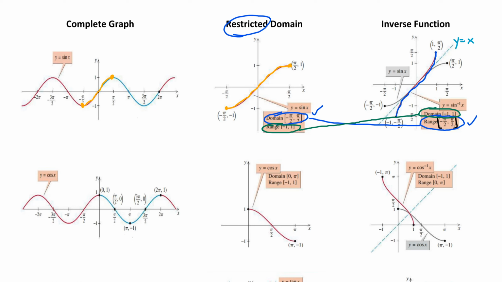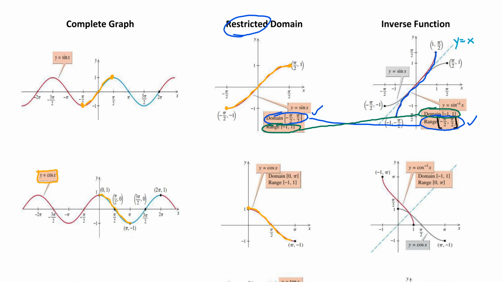Because the cosine wave is also a sinusoid that is not 1 to 1, we can apply a similar process to cosine to find a piece that is 1 to 1 and invertible and generate the inverse cosine function. So notice here we have the graph of the original cosine wave, the domain of which is -∞ to ∞. It does not pass the horizontal line test, but if we restrict the domain to this branch of the graph right here, then we do have a piece that is 1 to 1.